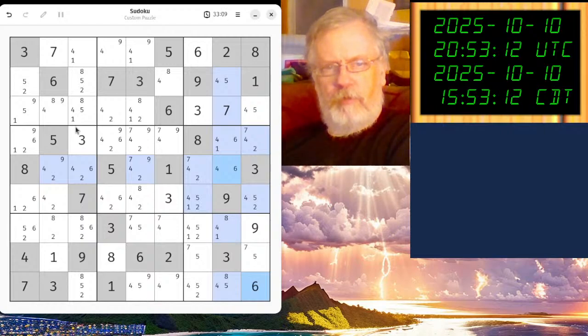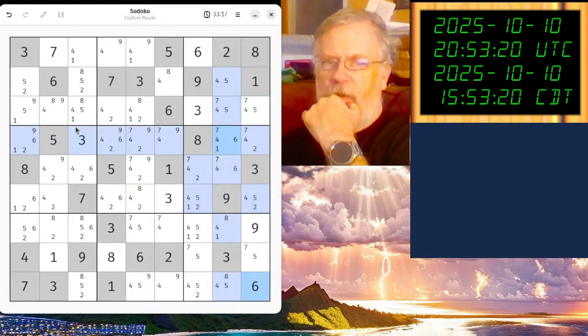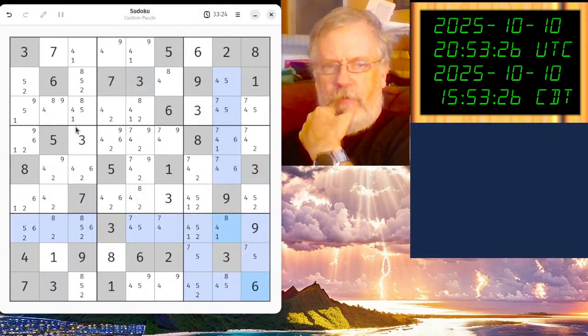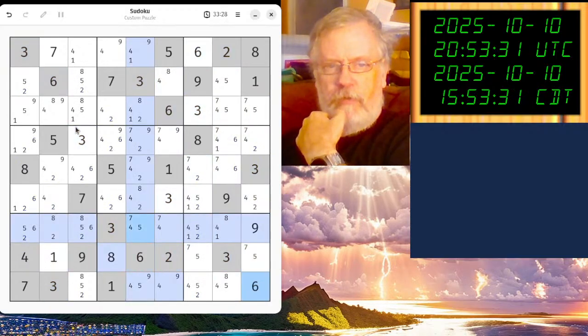Why were there no 7s in the rest of this column? Both of these could potentially be a 7. Not as much of an issue down here, because these 2 are locking it up there, and these 2 are blocking here.